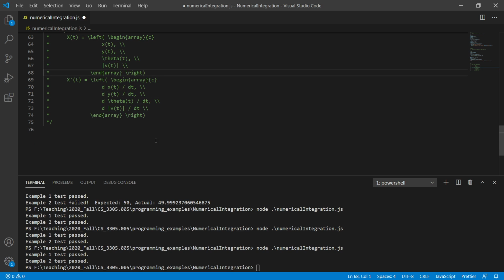Okay, so it would be helpful for our notes if we put this in terms of those values that we were representing up here. So how do we compute this, right? The x velocity is going to be the speed times the cosine of the angle with the horizon, right?